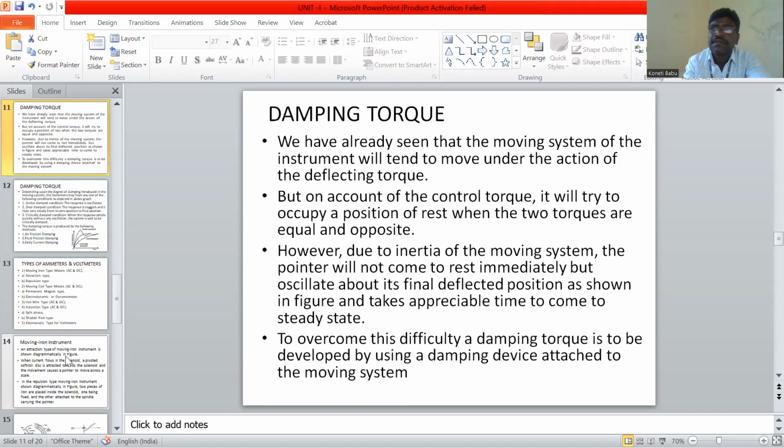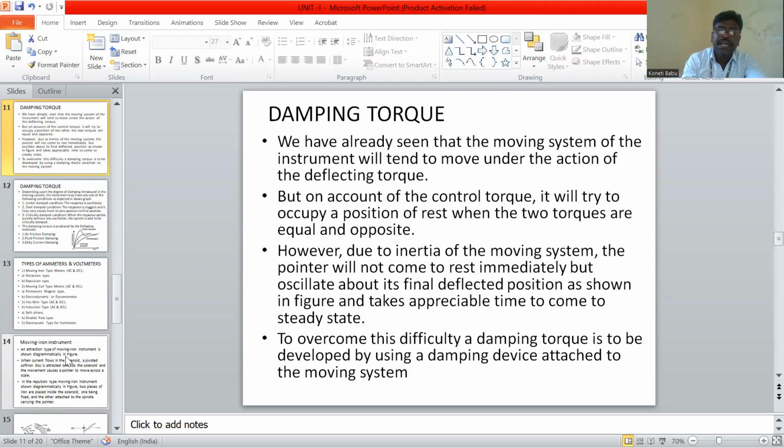Then the third system is the damping system, or damping force. We have already seen two types of torque, the deflecting torque and the controlling torque. The instrument indicates the value based on the deflection of the pointer, which is proportional to the magnitude of the current passing through the circuit.